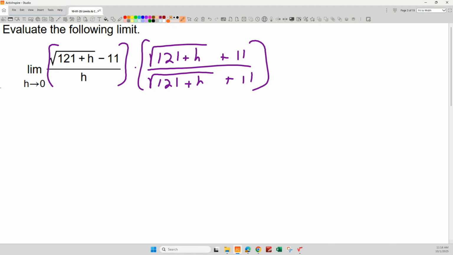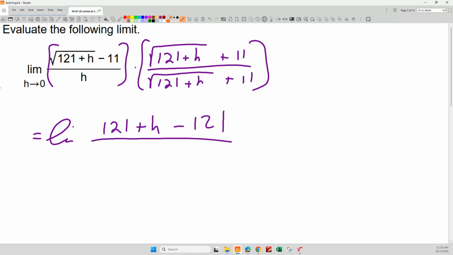Okay, if I do that, what am I going to get on the top? You're going to get 121 plus h minus 121 over a big ugly thing, right? h times... Okay, what happens on the top?